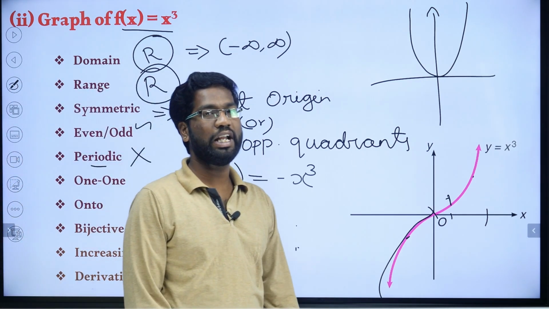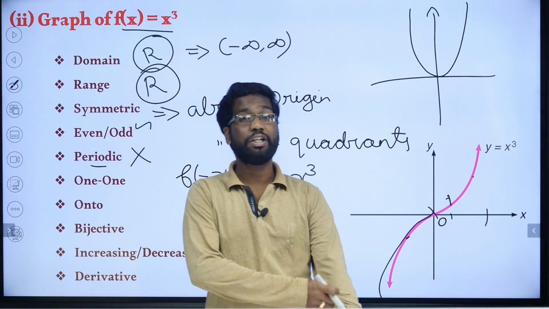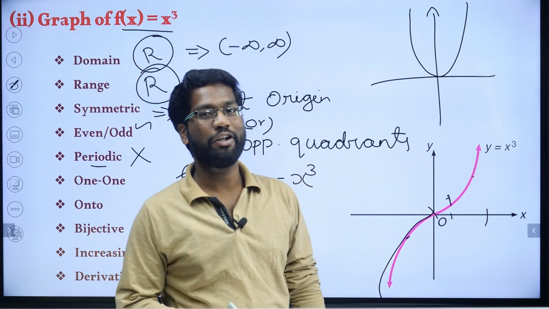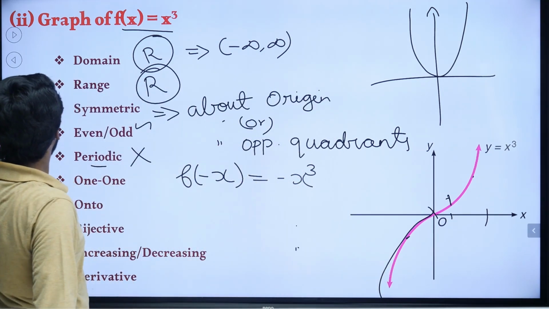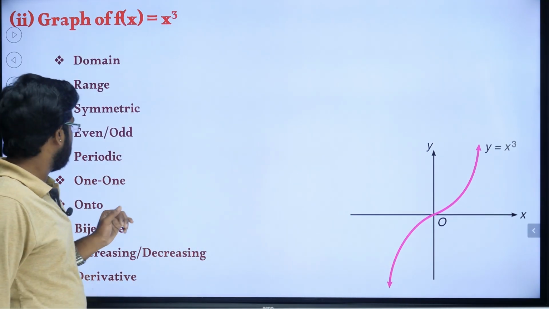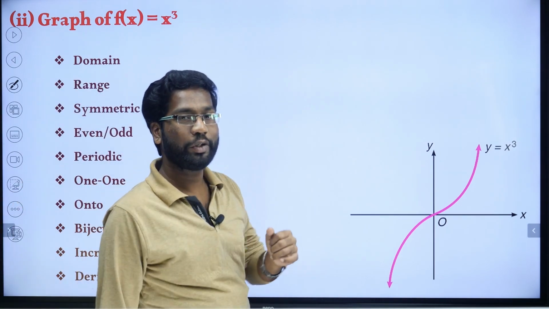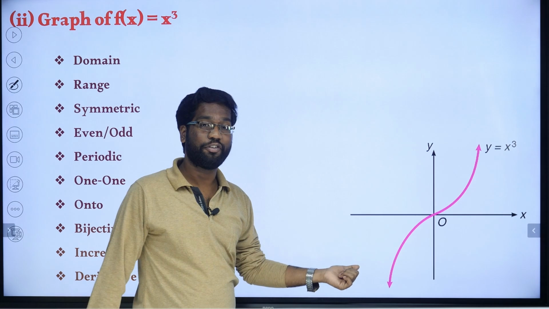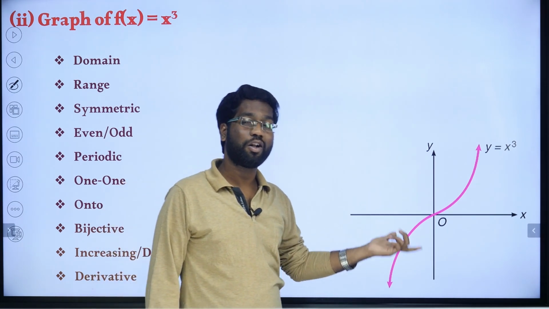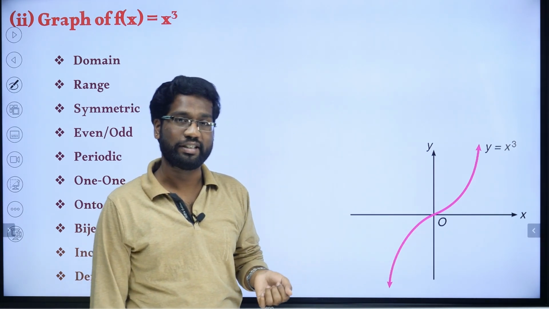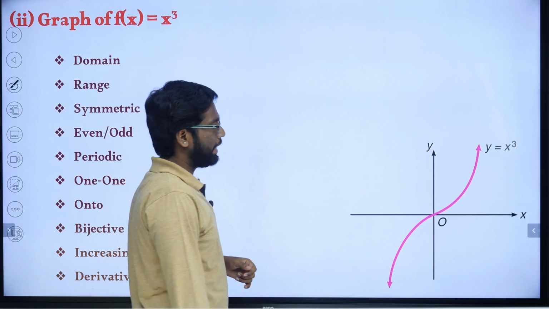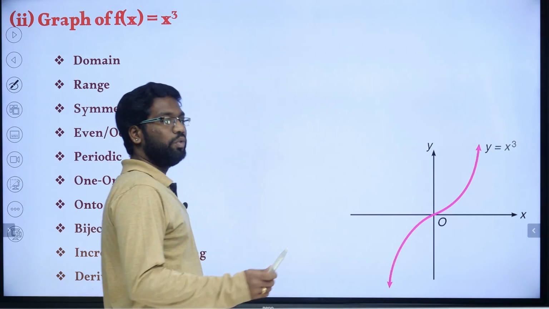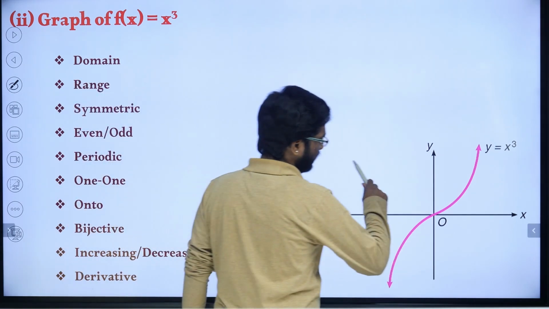Next, for one-to-one and onto, it's a very good topic, my dear students. One-to-one and onto, I have already discussed everything. What is a one-to-one function, what is an onto function, and from the graph how we need to find whether it is one-to-one or onto, everything I have discussed. From the graph, for a one-to-one function I have to draw a line.